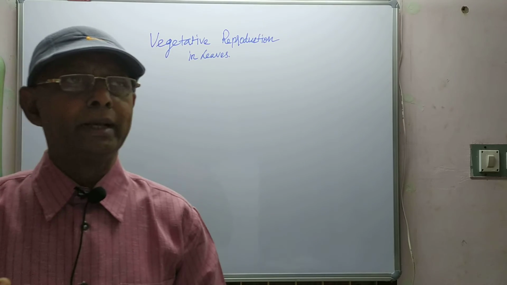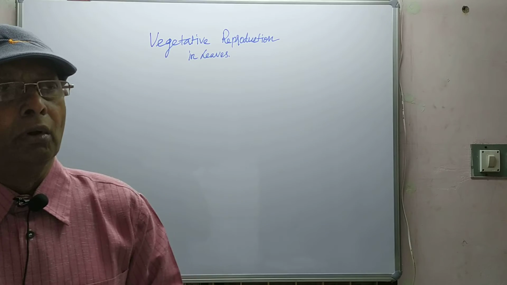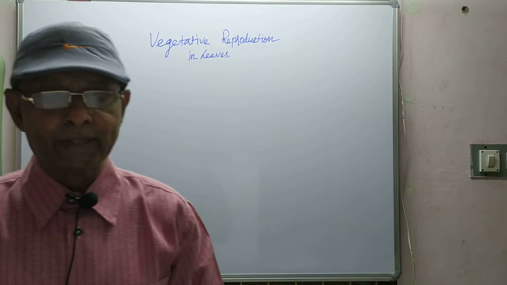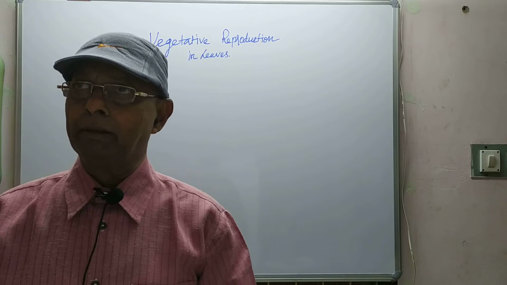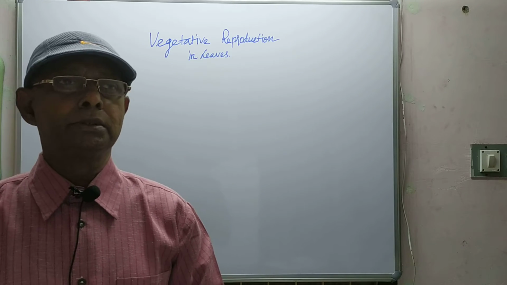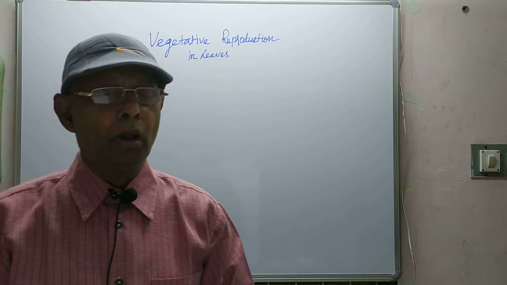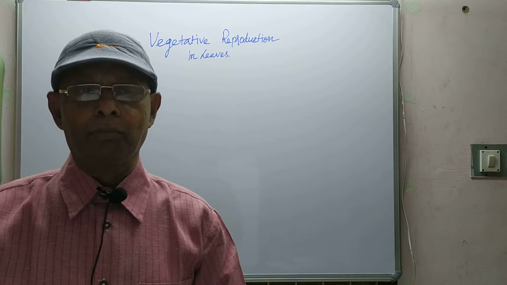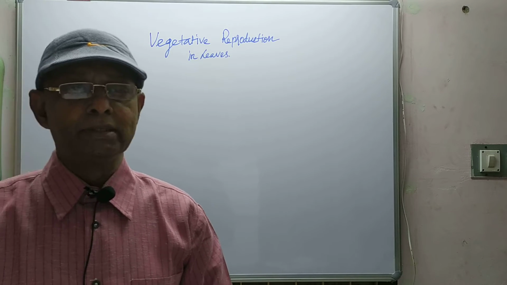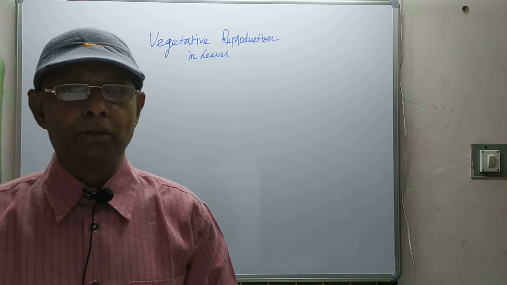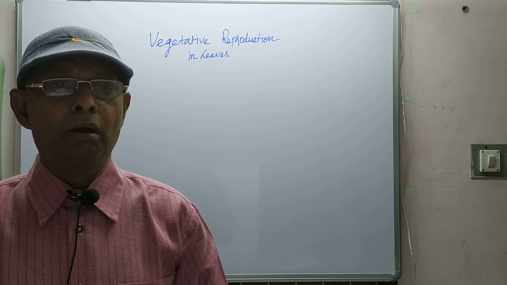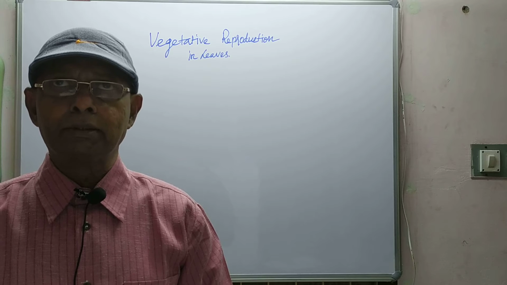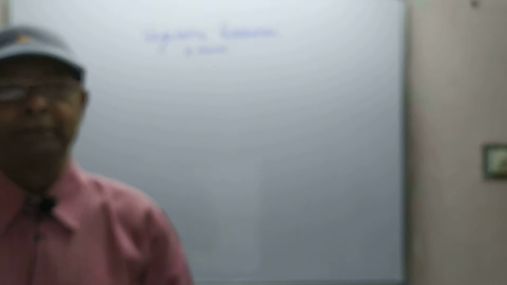Roots function as the organs of vegetative reproduction. In some of the plants, part of the stem is used for vegetative reproduction.